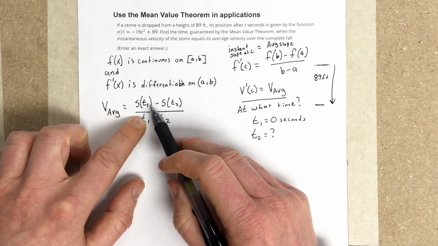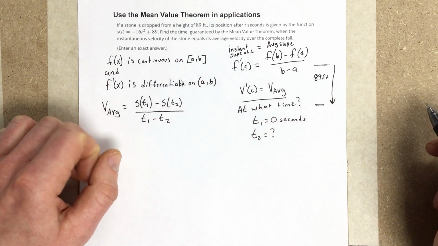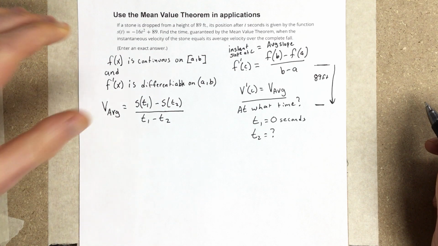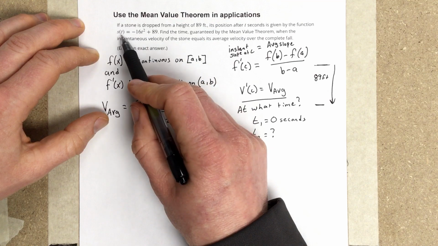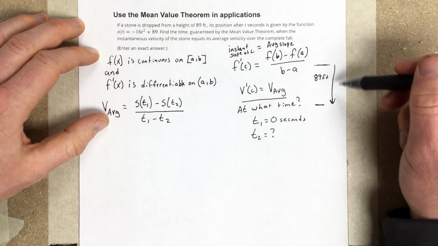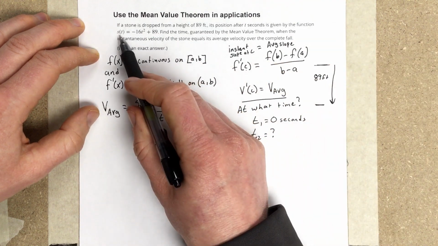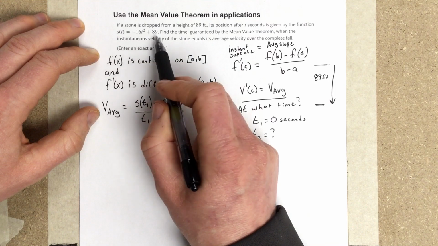Well, we know our initial time, which is 0, but we don't know our final time. But we can figure out our final time because we know that s(t) represents the position after so many seconds of the stone being dropped. So if I set my position equal to 0, meaning it hit the ground, I can find t here.